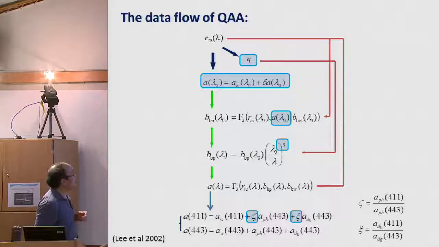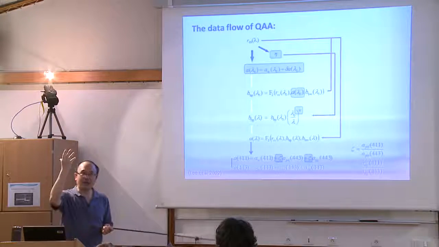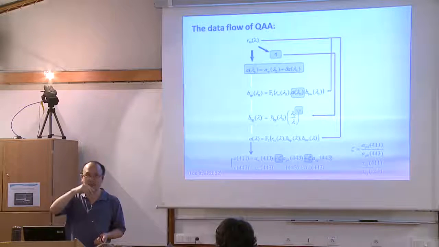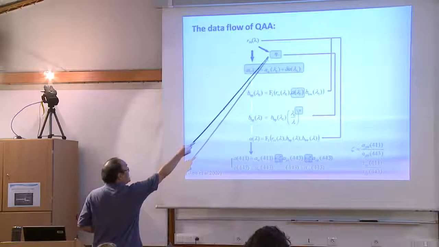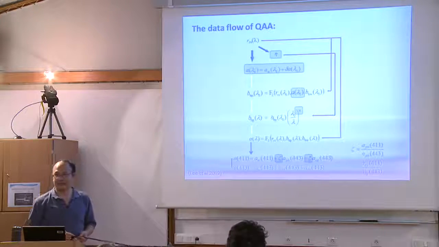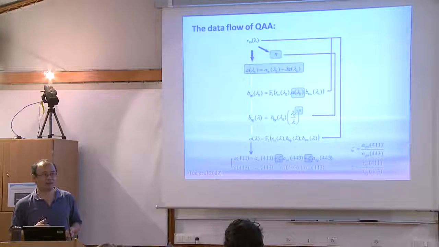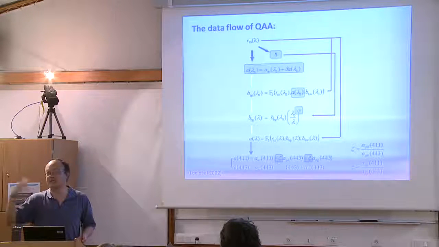So the strategy for QAA is, from remote sensing reflectance, the big RS, we convert to small rs, right? From above surface to below surface. From that, we estimate this eta number. That's the particle backscattering power coefficient. Remember, we have to estimate that, we have to give a number: either 0, or 2, or something in between.